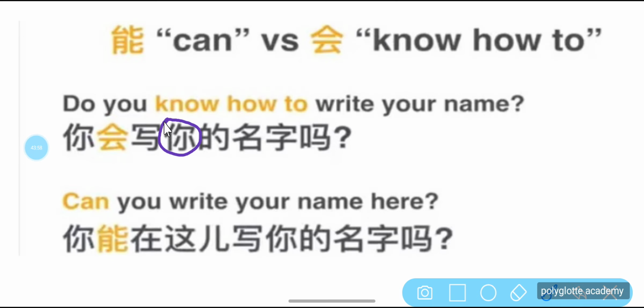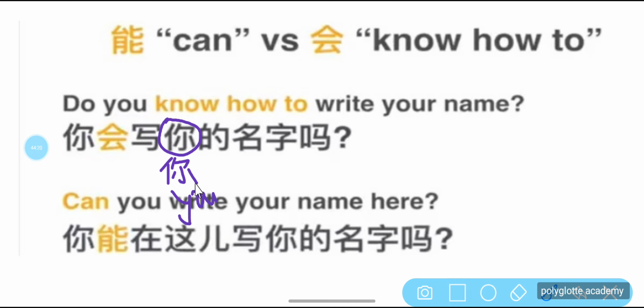The next character, which is ni. Ni is written as, and remember, ni is you.